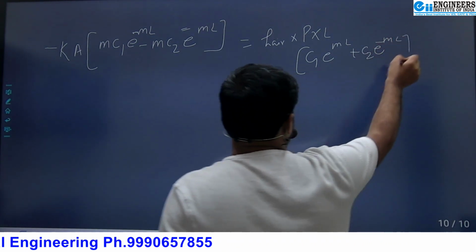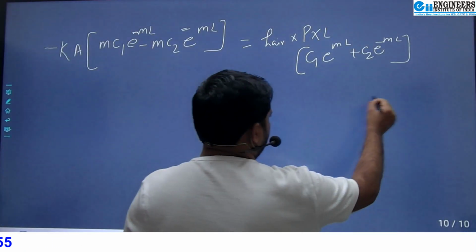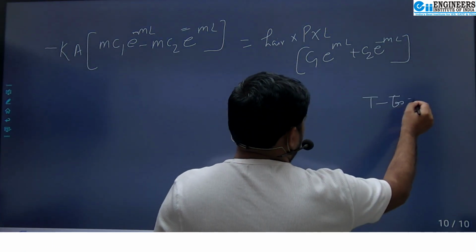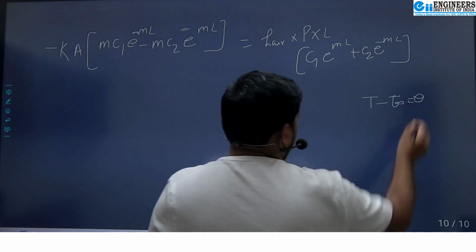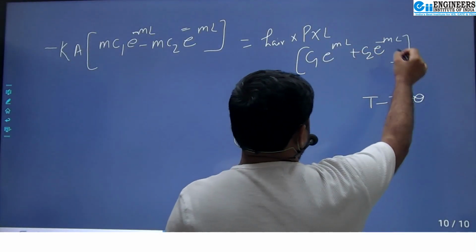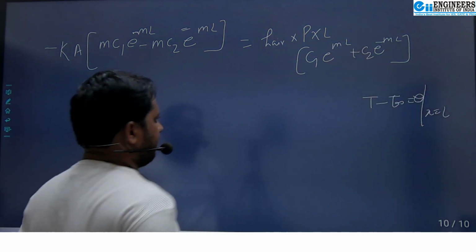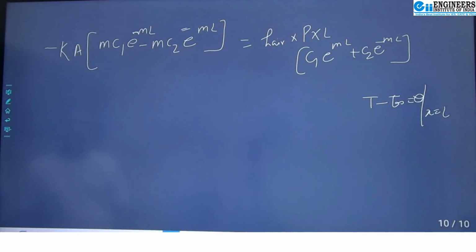Why so? Because T minus T infinity is nothing but theta, and theta at any x is C1 e power mx plus C2 e power minus mx, but at x equal to L we can replace x by L in the expression of theta. So this is our desired result.